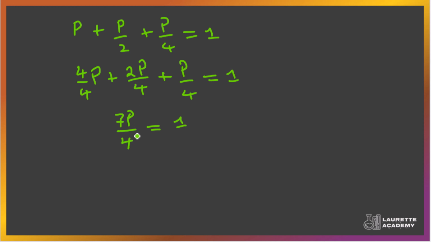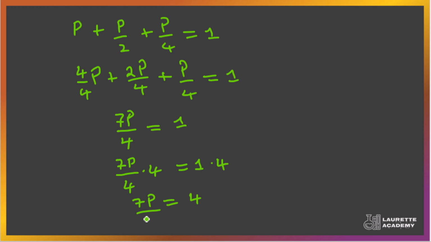We multiply both sides by 4. We should have 7p over 4 times 4 is equal to 1 times 4. And so we'll have 7p is equal to 4.